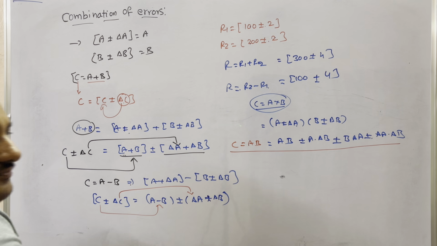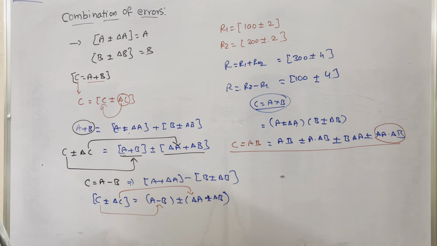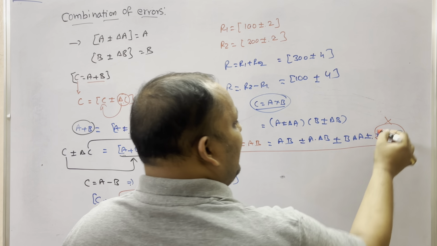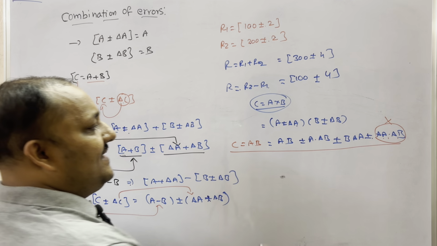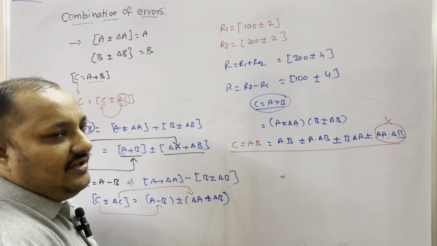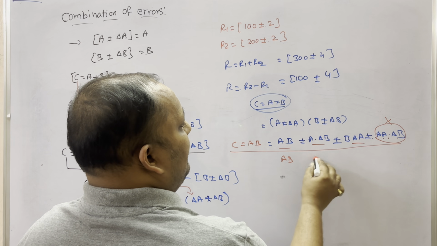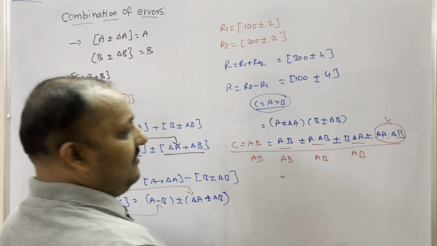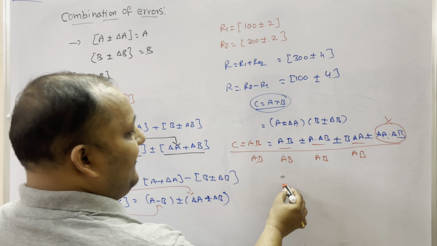Correct? Now here you can observe delta A into delta B. Delta A and delta B will always be very small. If you multiply these, we are not going to consider it. So at that time, if you divide both sides by AB, how are we going to get this finally?